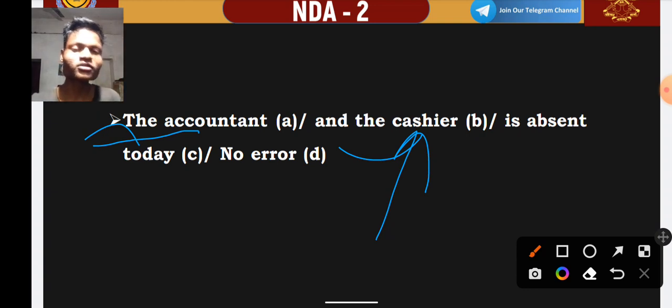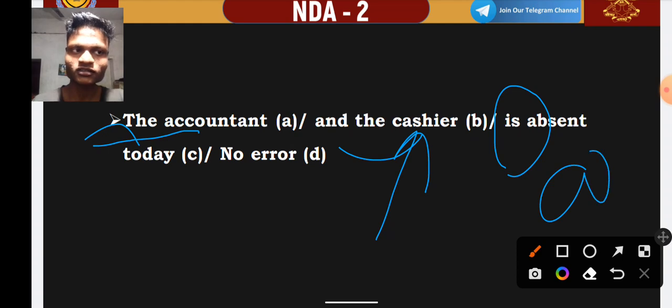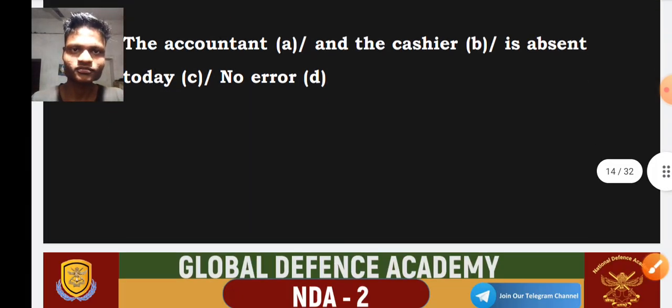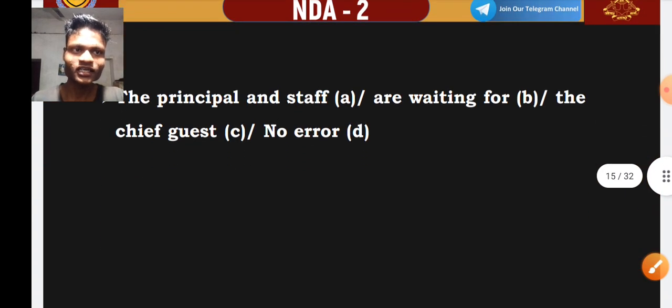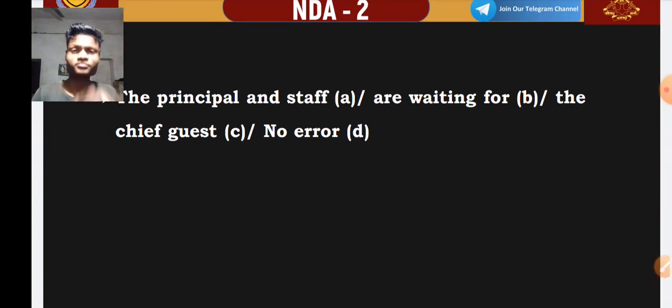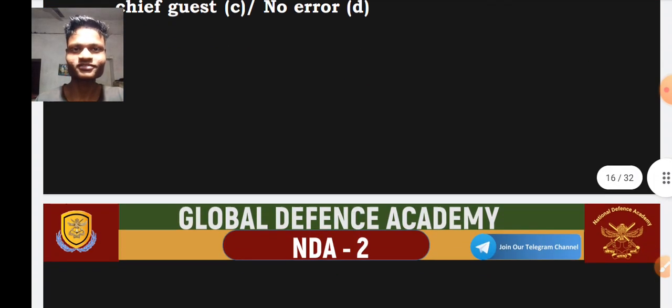As I told you, when an article is used before two subjects connected by and, we have to use a plural verb. So is is replaced by are, and that's done. And these are all given to you as homework.